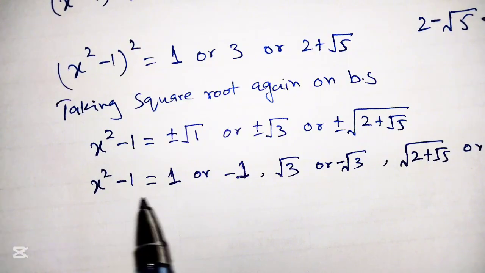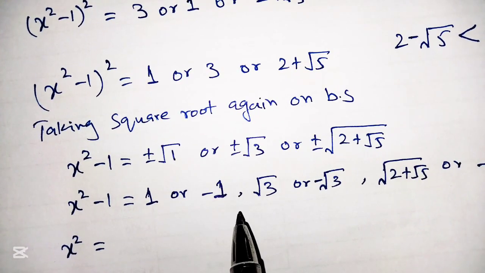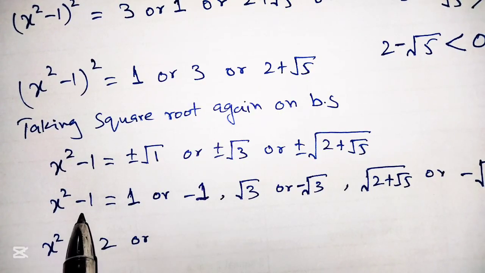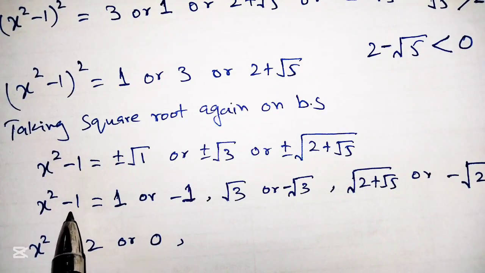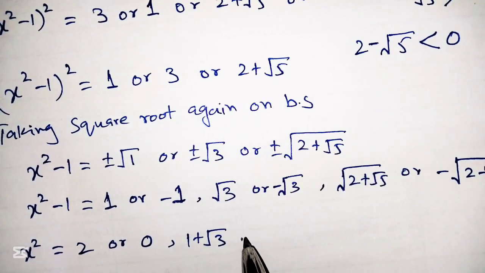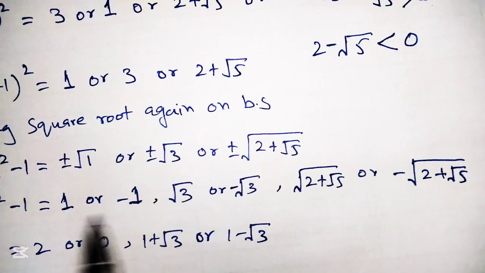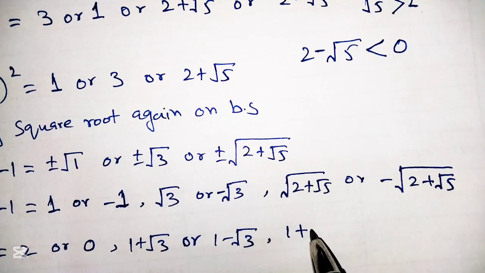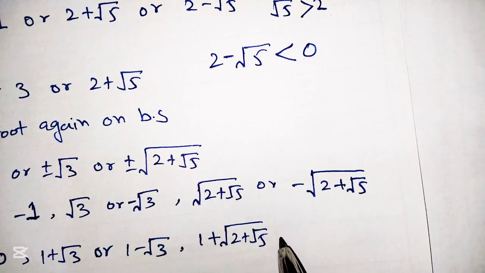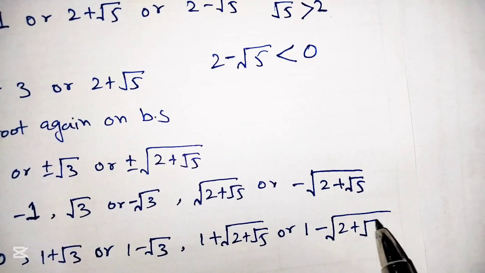Now taking this minus 1 towards the right hand side, we will get x square is equal to, this minus 1 will become plus 1 on the right hand side, and we will get 1 plus 1 is 2, or minus 1 plus 1 will become 0, and 1 plus square root of 3, and from this we get 1 minus square root of 3, and from this we get 1 plus square root of 2 plus square root of 5, and from this we get 1 minus square root of 2 plus square root of 5.